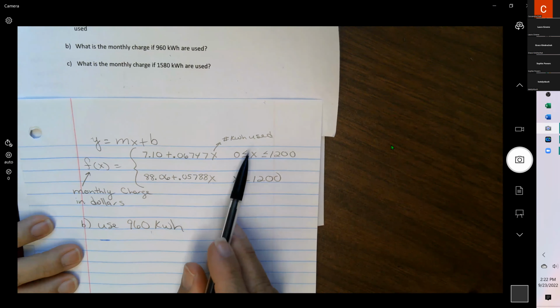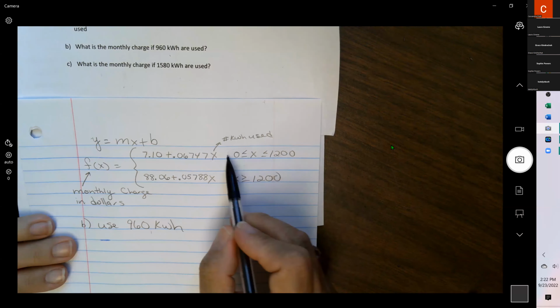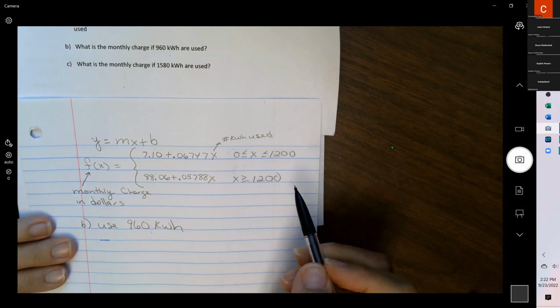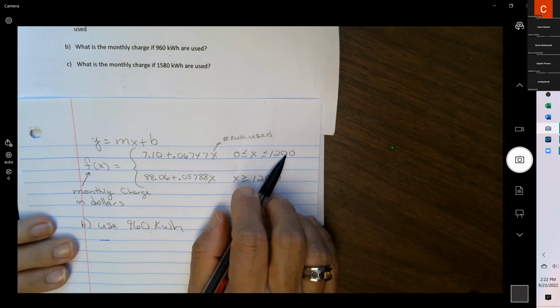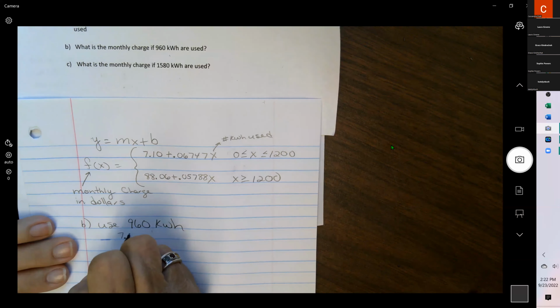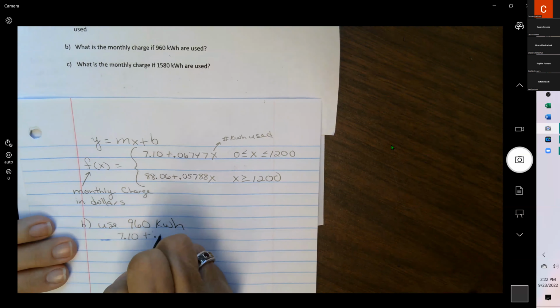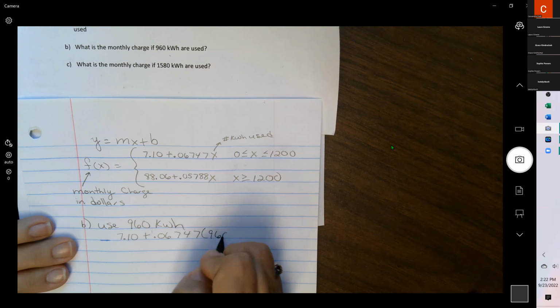Well, decide which one it's in. Is 960 in the first row or the second row? Well, 960 is between 0 and 1200, so we use the first one. The $7.10 plus 0.06747 times 960.